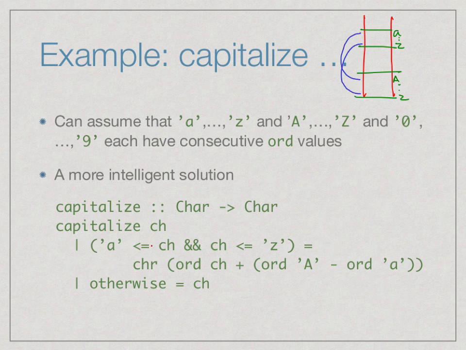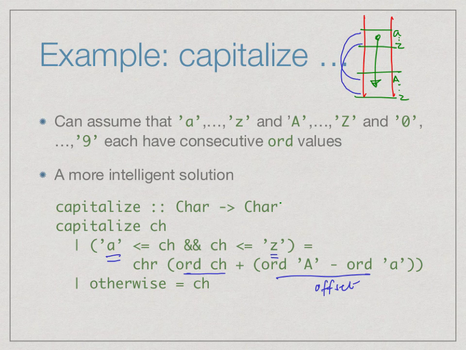So the given character lies between small a and small z. If ch is bigger than or equal to small a and smaller than or equal to small z, then we add to its code this offset. Okay, so we add to the code of the given character the offset which will shift it from this block to this block by a uniform amount.